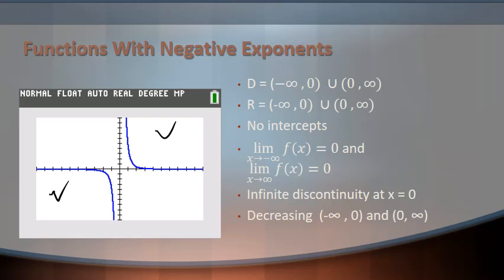As I'm reading this from left to right, I'm over here in the third quadrant. Well, I am decreasing as x is moving from negative infinity towards 0. And as I'm reading in the first quadrant from left to right, as x is going from 0 out to infinity, I am also decreasing. So there we go. We've looked at negative exponents. We've described domain, range, intercepts, end behavior, continuity, increasing, decreasing.